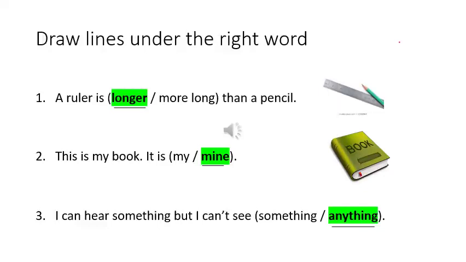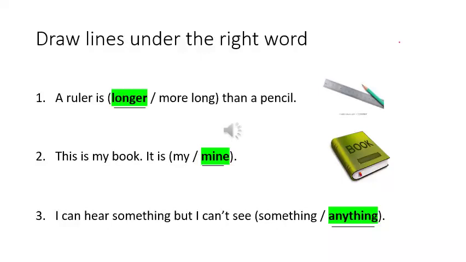Let us start with the second exercise. Draw lines under the right word. A ruler is dash, then a pencil. You have to draw a line under the right word. Now in this sentence you are comparing two things.